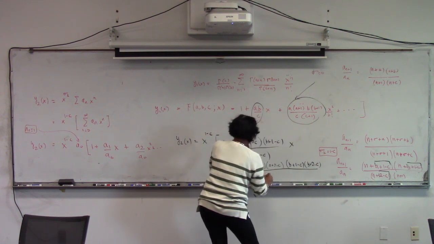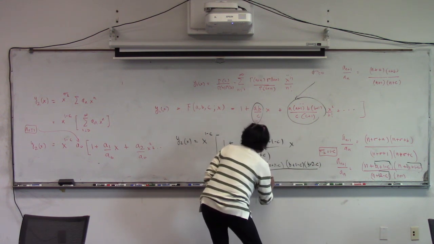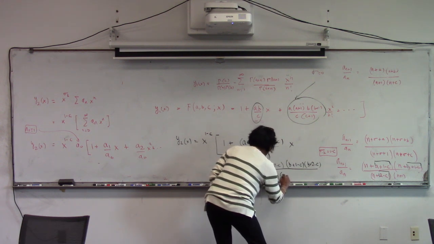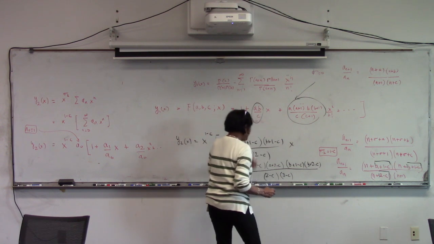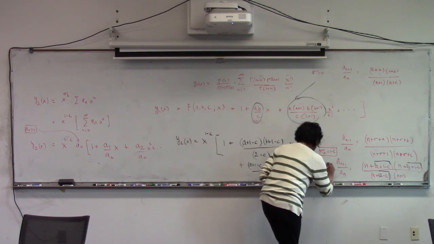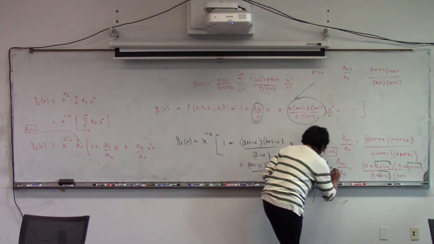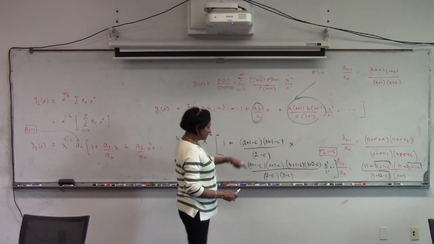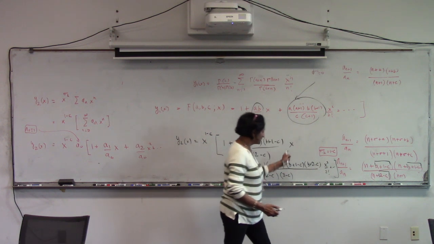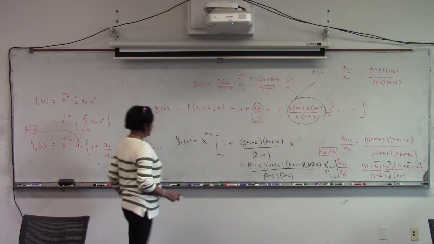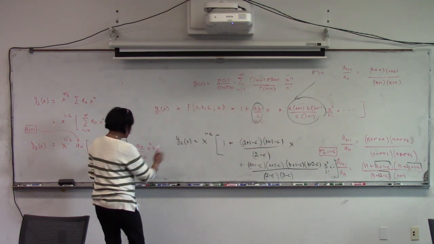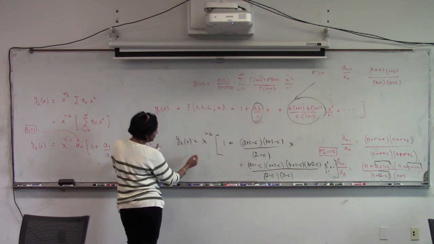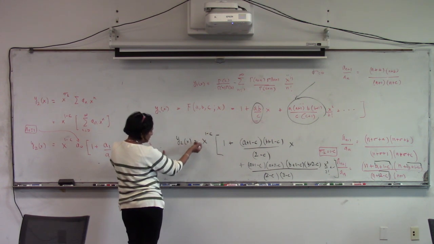This will be c plus 1, so that will be 3 minus c, x squared over 2 factorial, something like this. You can check that explicitly and get all that stuff.